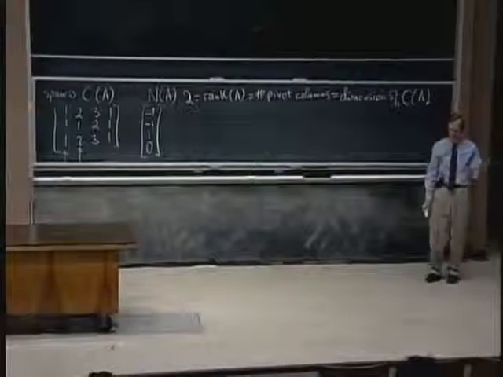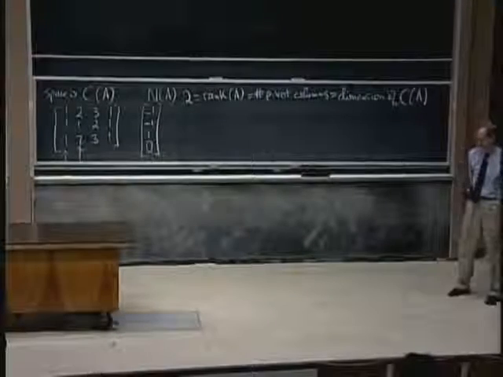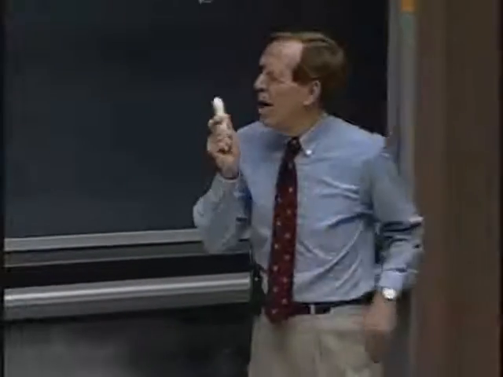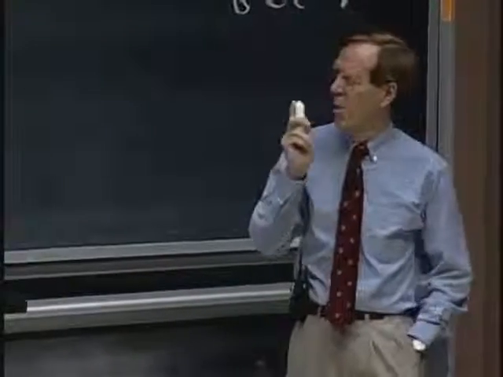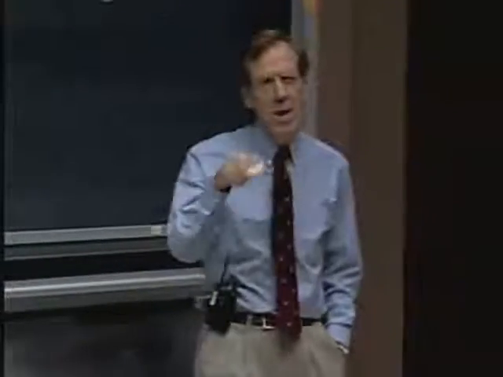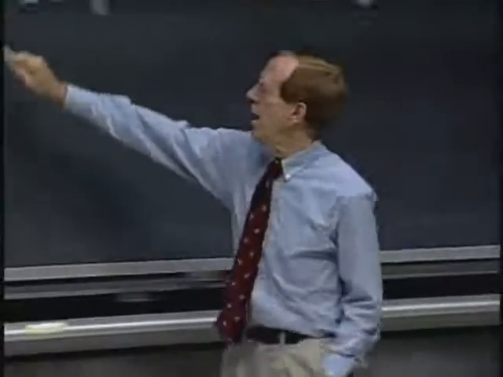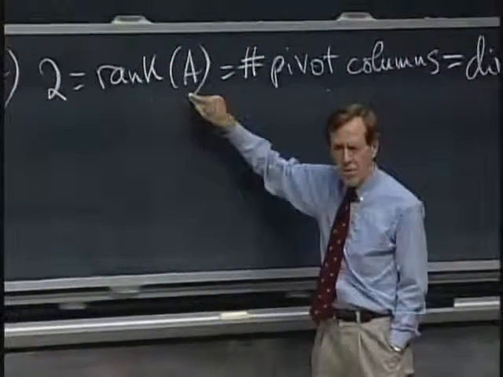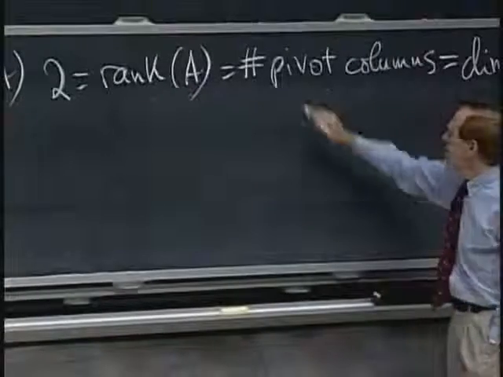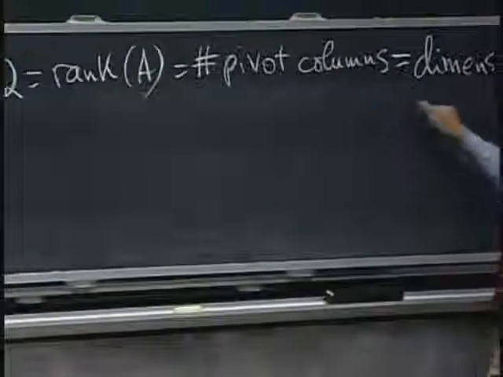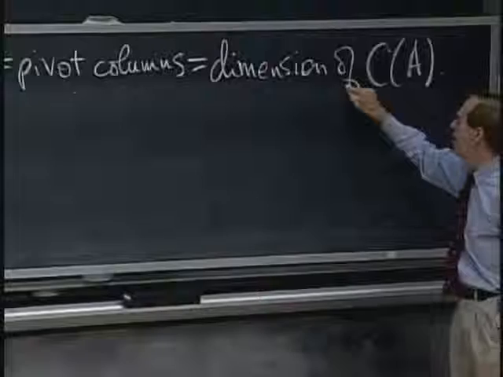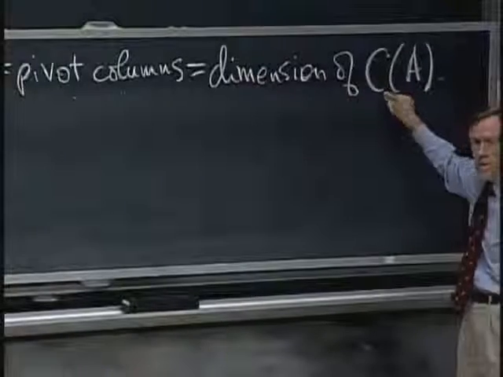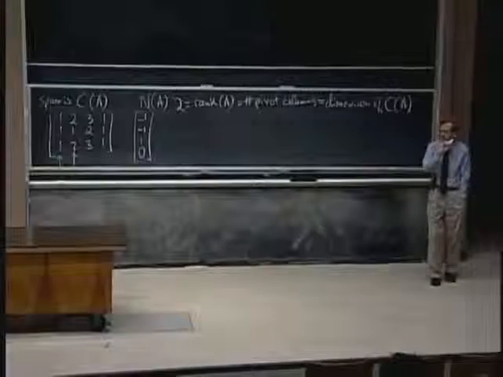Of course, you say. It had to be. Right. But look for one moment at the language, the way the English words get involved here. I take the rank of a matrix. The rank of a matrix is a number, and it's the dimension of, not the dimension of the matrix, that's what I want to say.